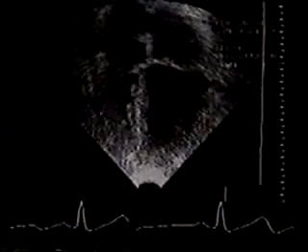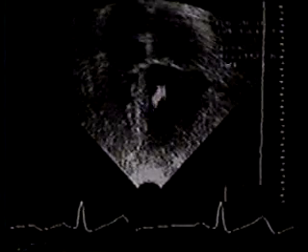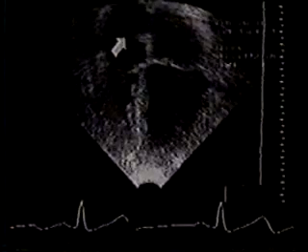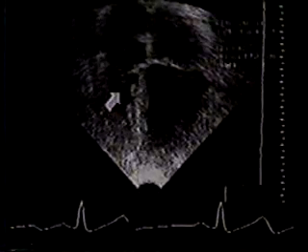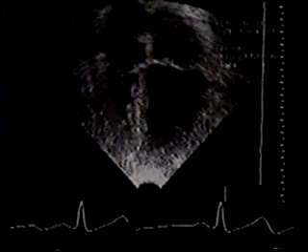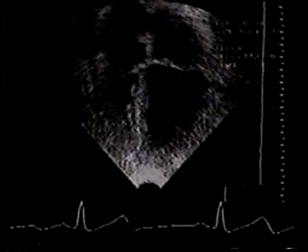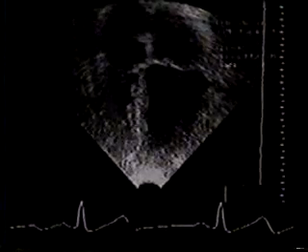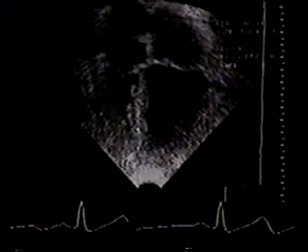In this still frame, the left ventricle and left atrium are to the right of the screen, and the right atrium and right ventricle are to the left of the screen. Throughout this tape series, we will often use this apex down format in addition to the previously described apex up orientation.